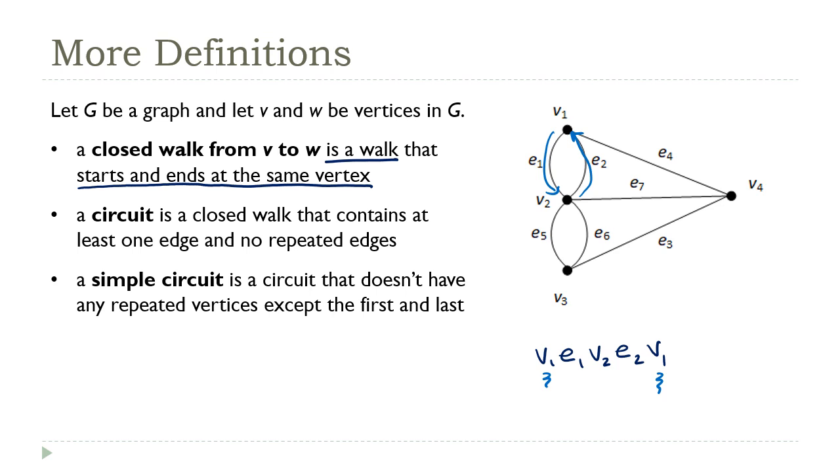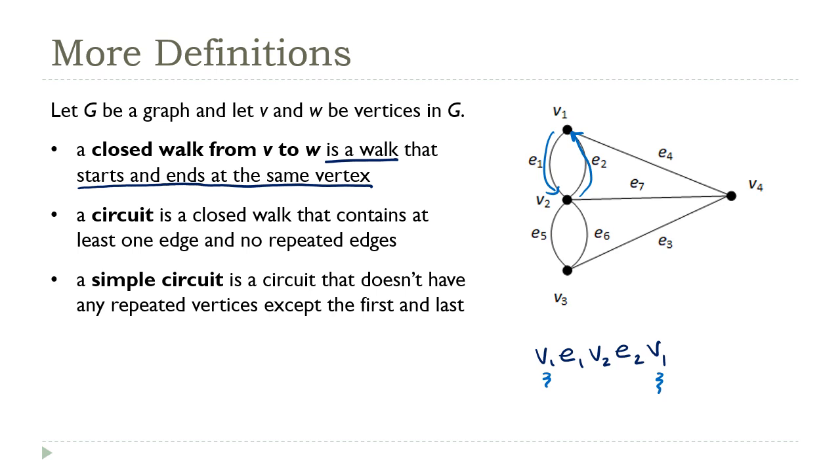Okay, a circuit is a closed walk that contains at least one edge. Okay, no fair just picking a vertex and saying there's my walk. You have to actually go somewhere, all right, for it to count as a circuit. So a circuit is a closed walk that contains at least one edge and no repeated edges.